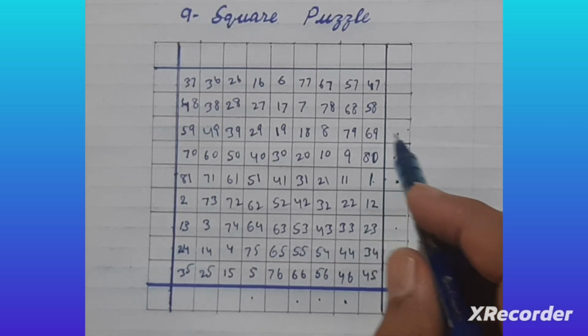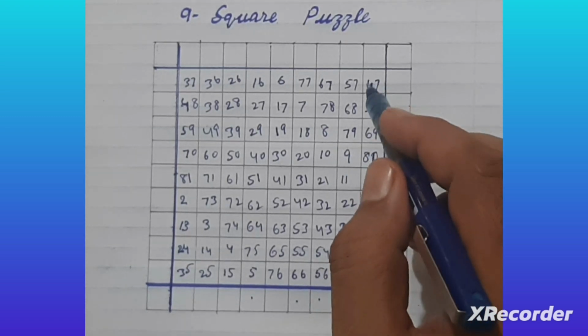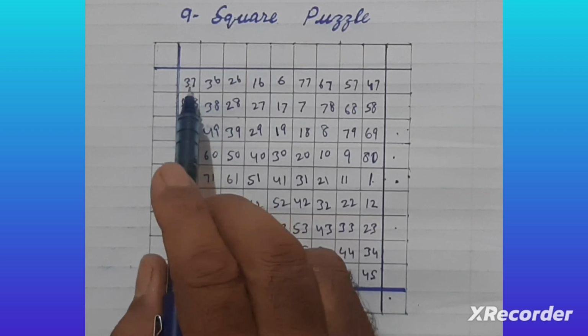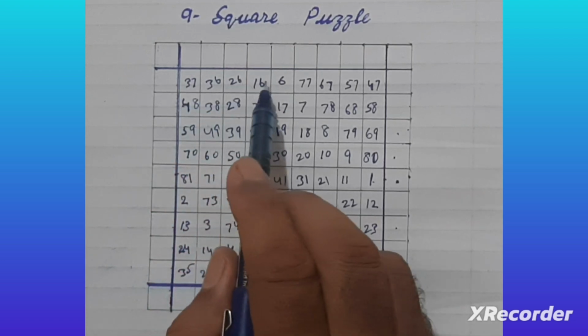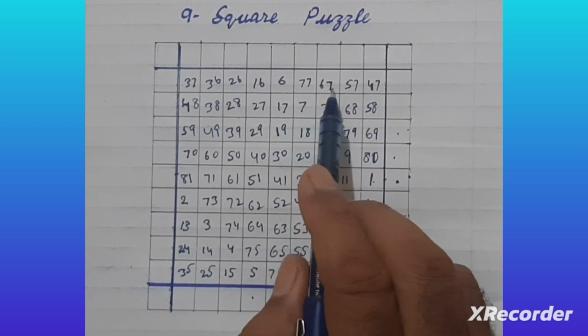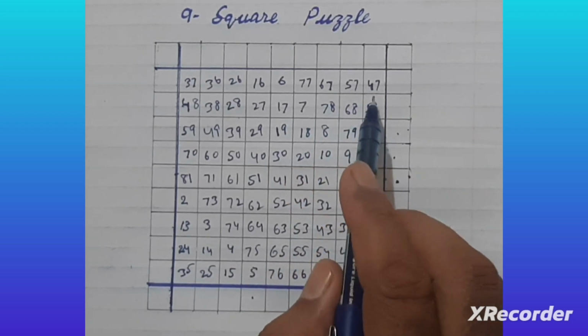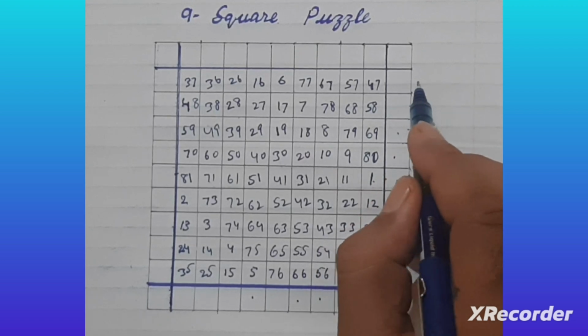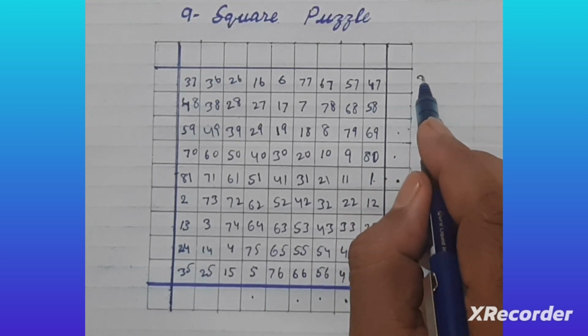And now we start to sum some of these elements row wise. 37 plus 36 plus 26 plus 16 plus 6 plus 77 plus 67 plus 57 plus 47. Their sum is 369.